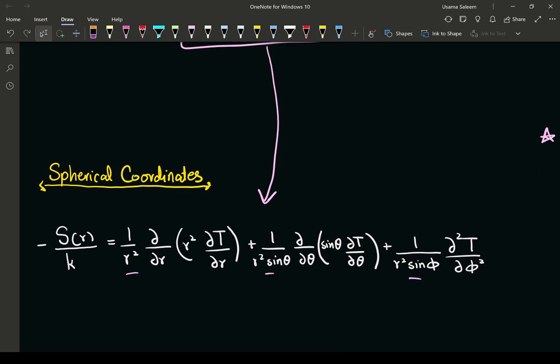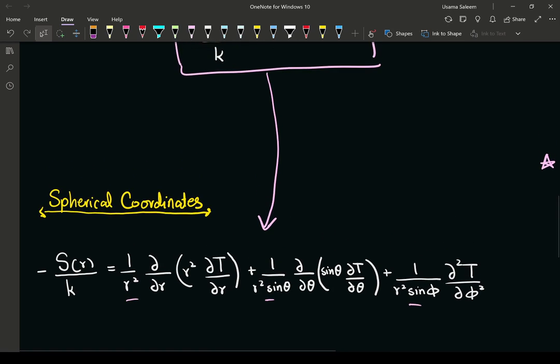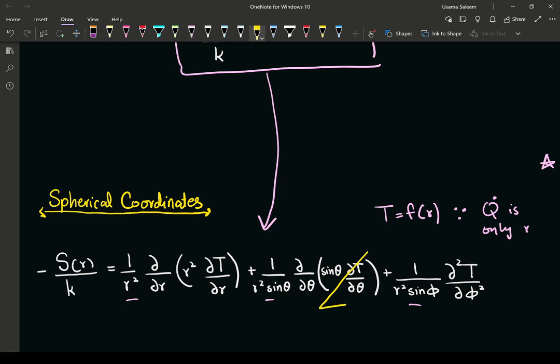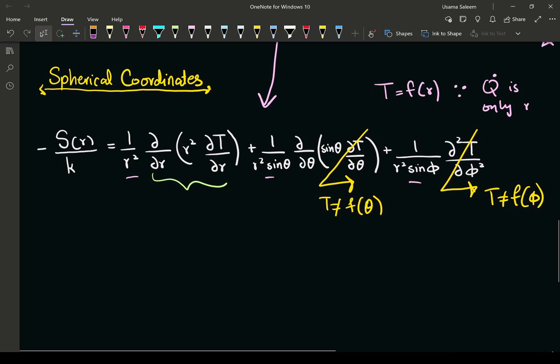I know that temperature is only a function of r, because there's only heat transfer in the radial direction. And what does that mean? Adios. Temperature is not a function of theta. Temperature is not a function of phi. Temperature is a function of radius.